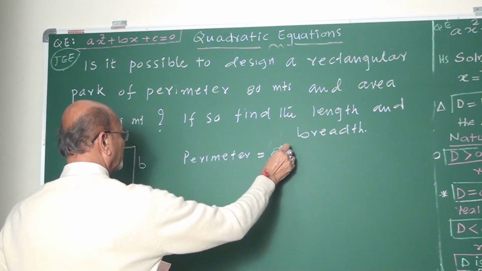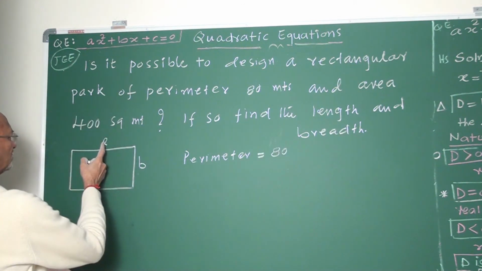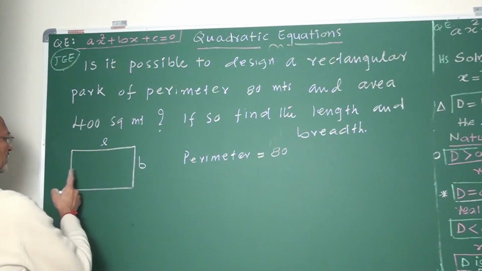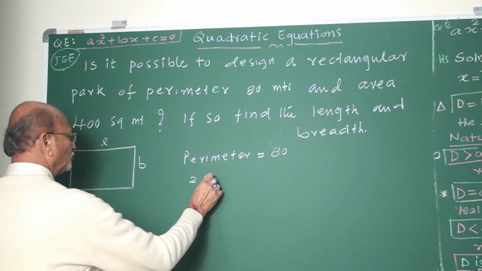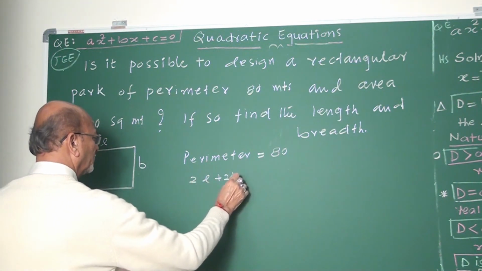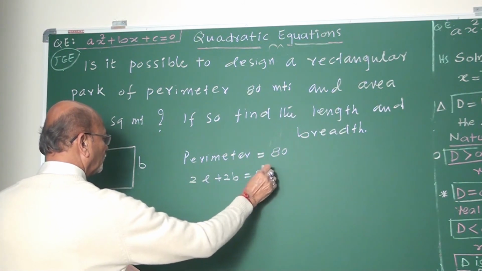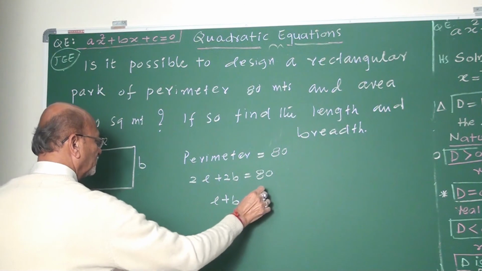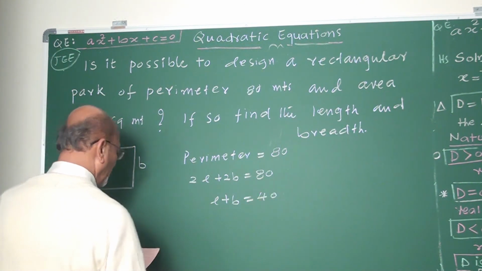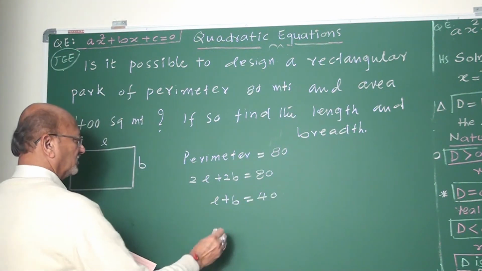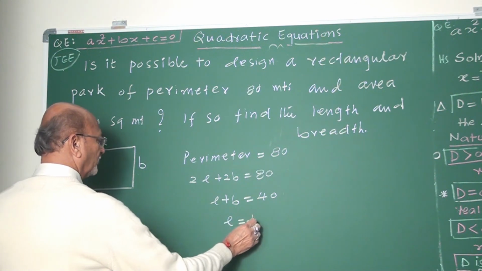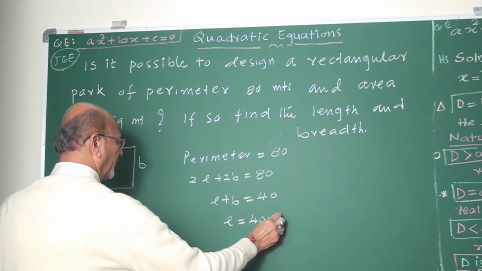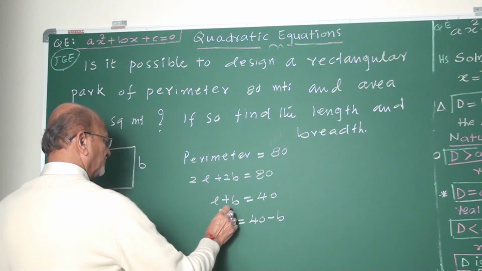What is perimeter? 2 times L plus B. It is 2L plus 2B is 80. Therefore, divide by 2, L plus B is 40. So find the value of L. What is your L, my friend? 40 minus B. This is L.